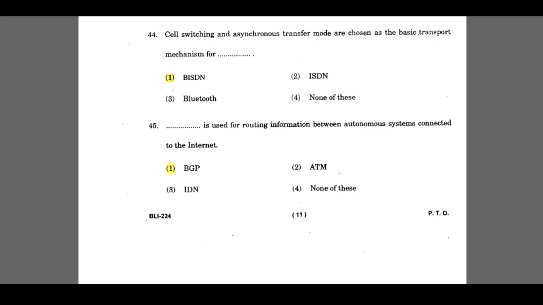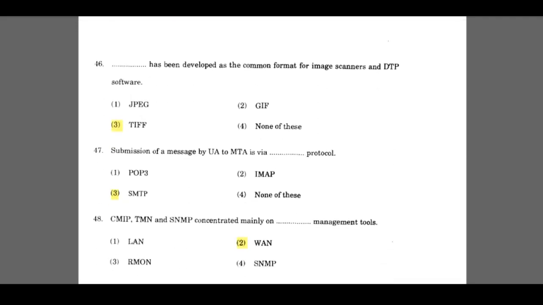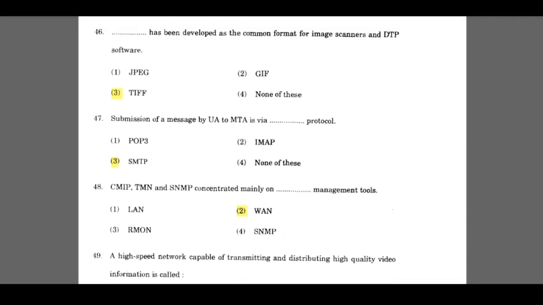45. Dash is used for routing information between autonomous systems connected to the internet. BGP. 46. Dash has been developed as a common format for image scanners and DTP software. TIFF. 47. Submission of a message by UA to MTA is via Dash protocol.